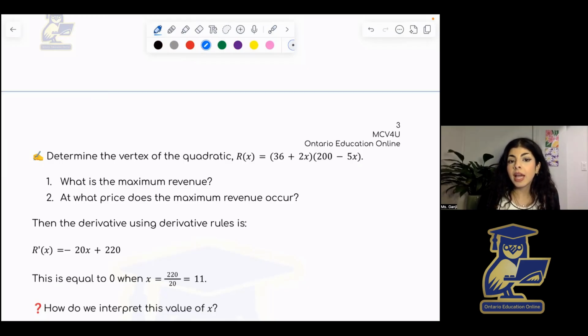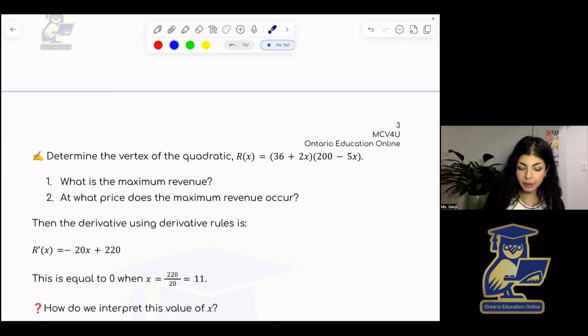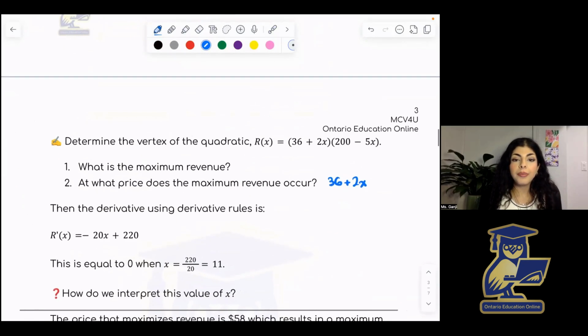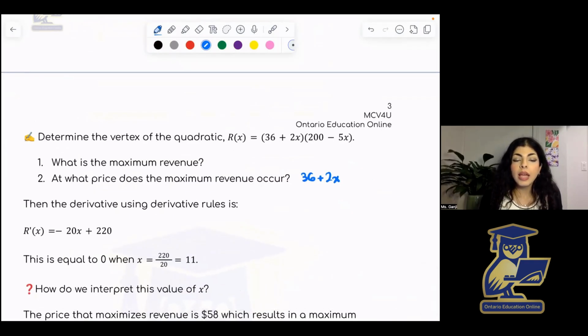Then finding R of x at that value of x will give you the maximum revenue. And then to find the price, you just have to use 36 plus 2x for the x value that you find. So now we're going to try this using the derivatives.